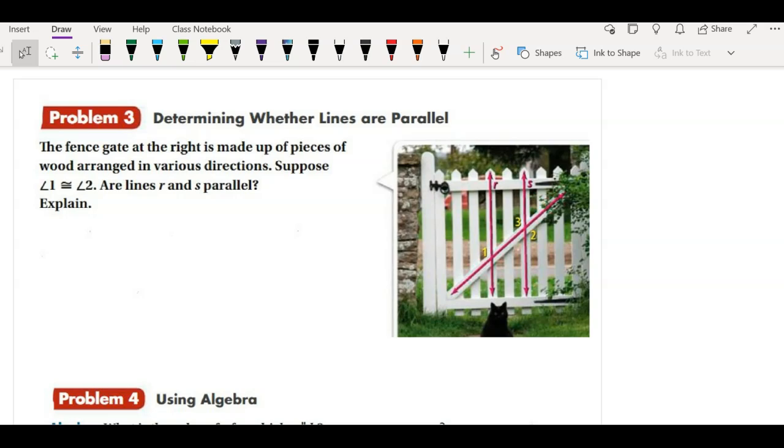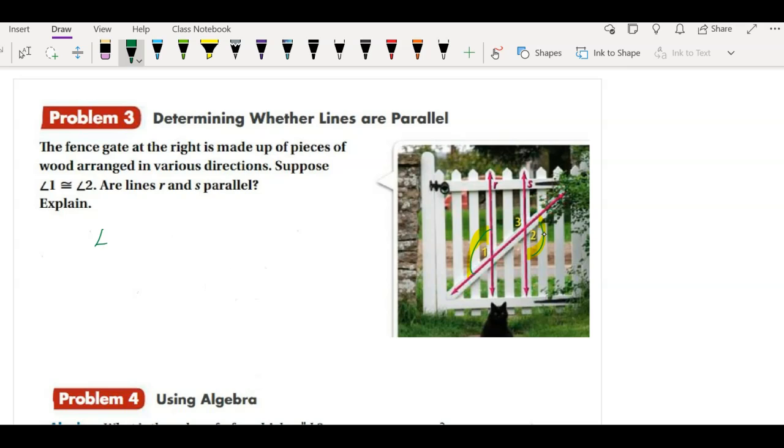Okay, so let's look at number 3. The fence at the right is made up of pieces of wood arranged in various directions. Suppose that angle 2 and angle 1 are congruent. Are lines R and S parallel? So what are angles 1 and 2?